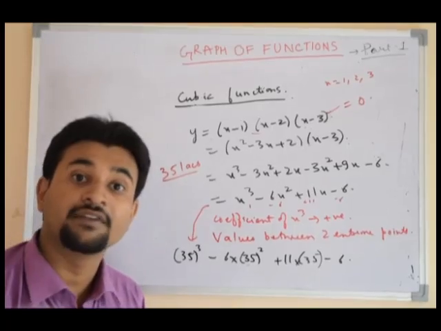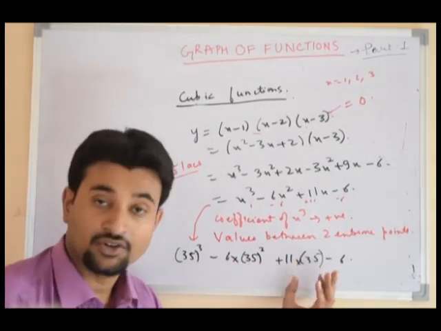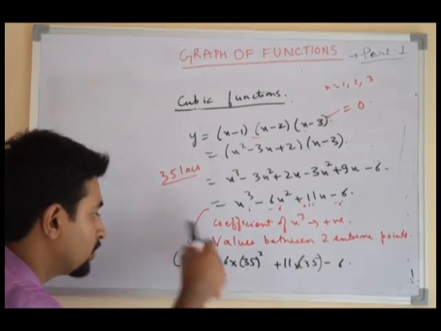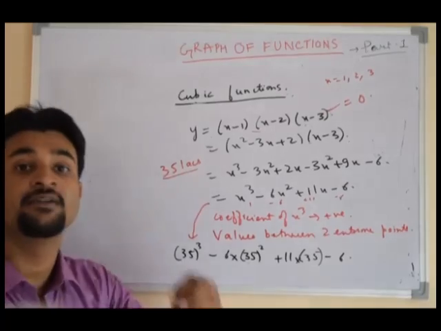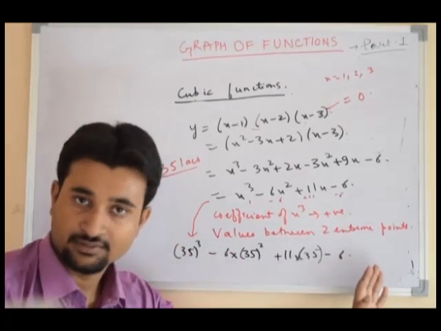So the cube of 35 lakhs will be much greater than the addition or subtraction of these square and just 35 lakhs. I mean 35 cube will be a very large number, and it will be much greater than even these other terms.